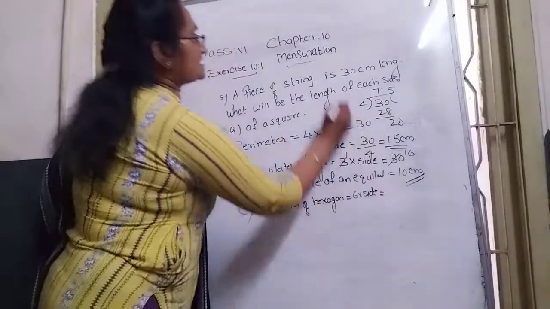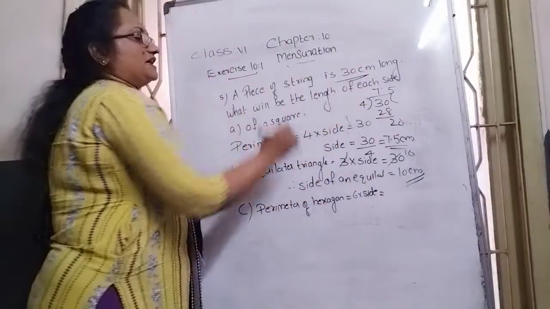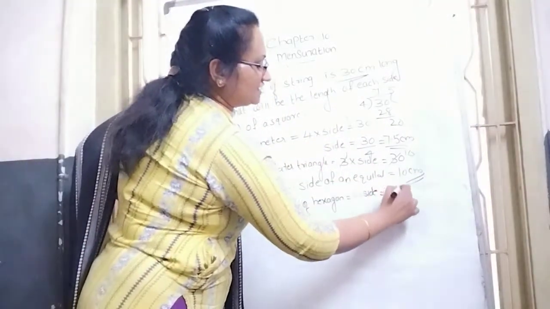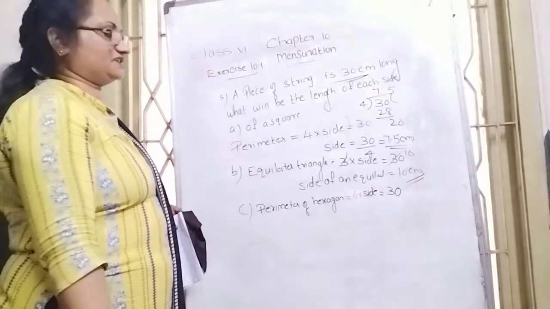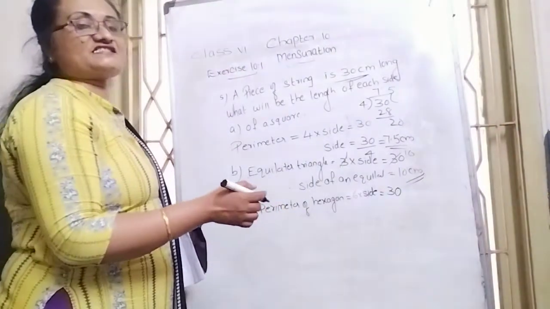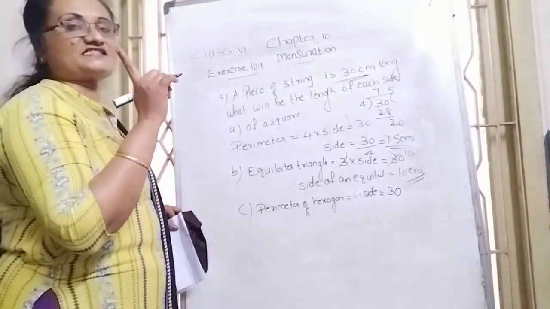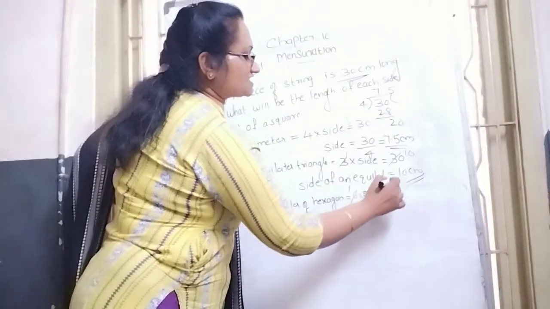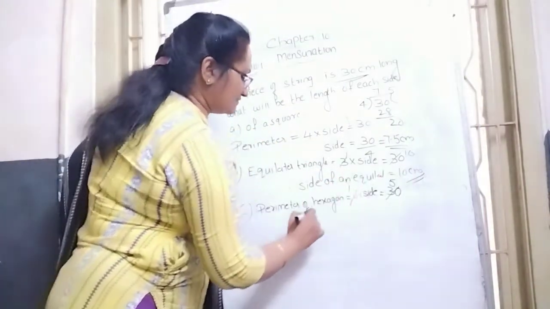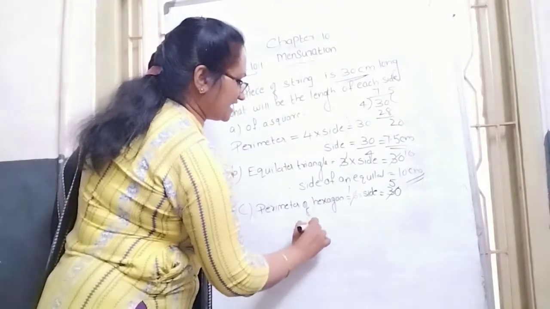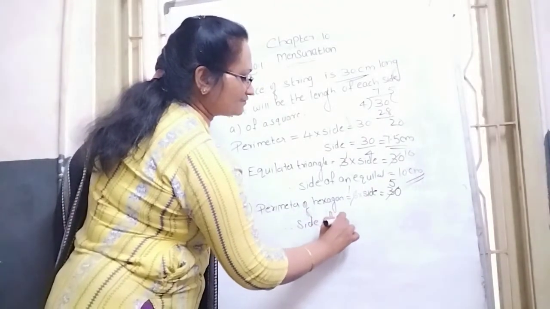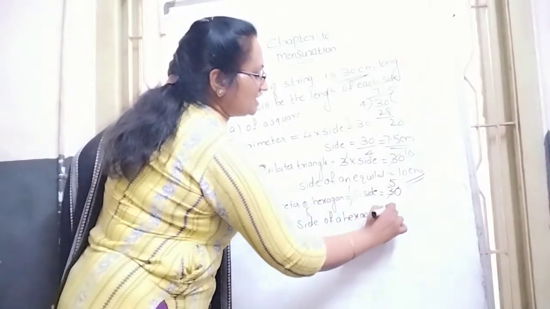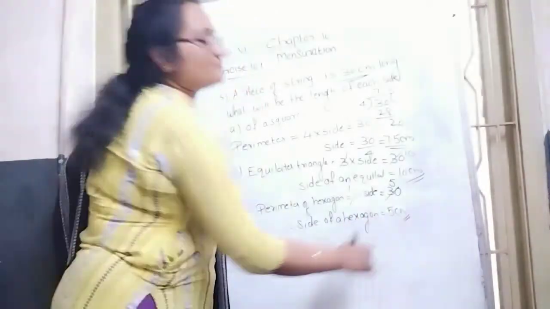That value is equal to the length of the string, which is 30. Cancellation is possible. Cancel and find one side of the hexagon. 6 table: 6 1s are 6, 6 5s are 30. Therefore the side of a hexagon is 5 centimeter.